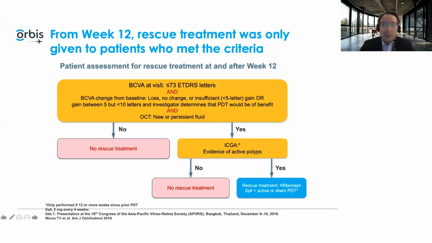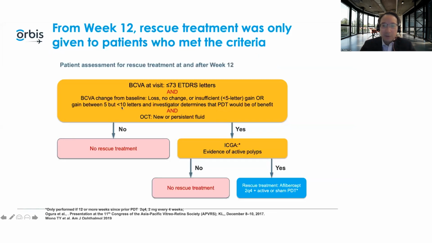So you can see they were only allowed to have rescue treatment if their vision is less than 73 letters and they had a substantial visual loss of 5 letters or even 10 letters, and then OCT showed new fluid or persistent fluid. And then plus, if ICG showed active polyps, then they could have rescue treatment.